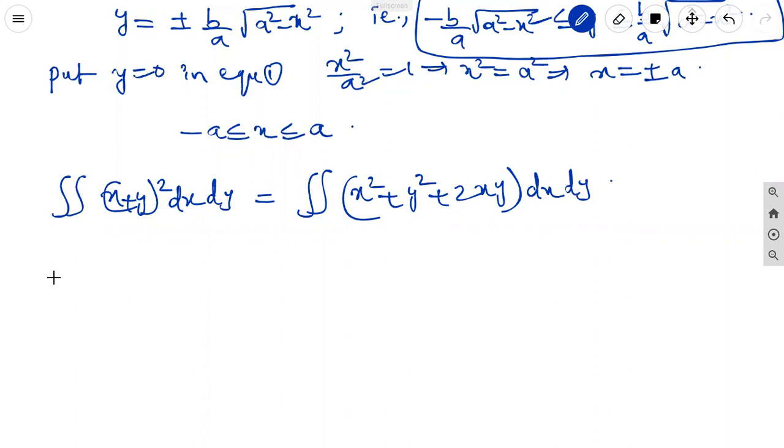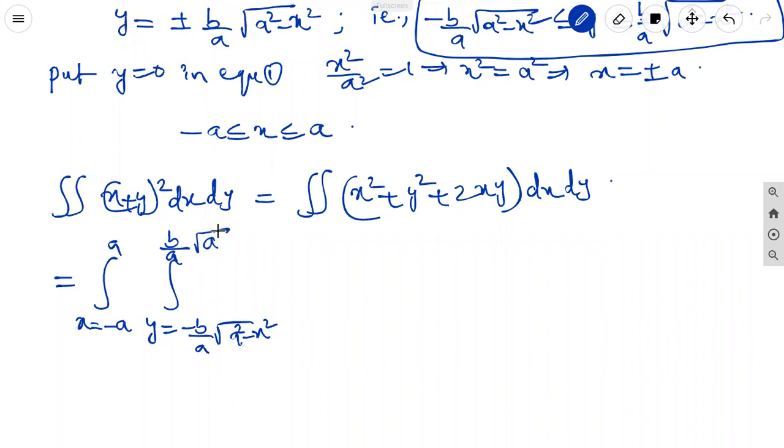It is equal to, take the limits of x equal to minus a to a, and the limits of y equal to minus b by a under root of a square minus x square to b by a under root of a square minus x square, of x square plus y square plus 2xy into dx dy.